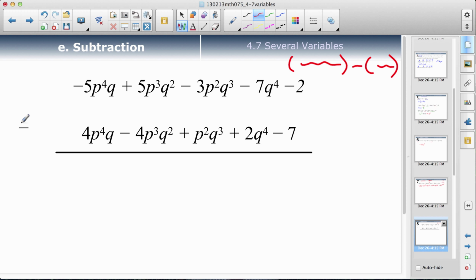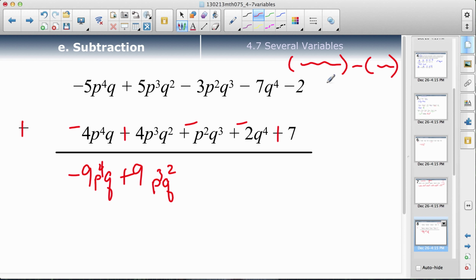So really what I would do is change this to plus, and then change the sign of everything that's inside here. This one would be a minus, and then this one would be a plus. Then, as long as they are like terms, you can add them. Negative 9, P4Q. This one, they're both positive, so it would be positive 9, P cubed, Q squared, etc.